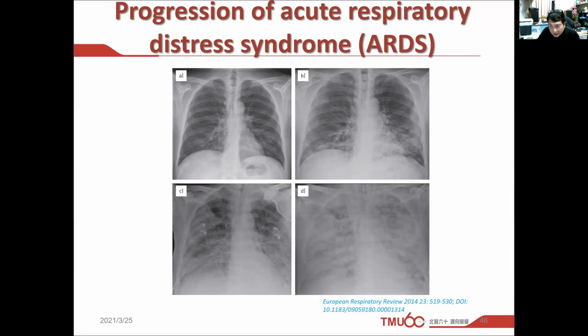We call them pulmonary consolidations at the lower lobes of the lungs here, and over the next 2 or 3 days, rapid deterioration. In figure C, you can see a white spot, and later on you call them white lung.